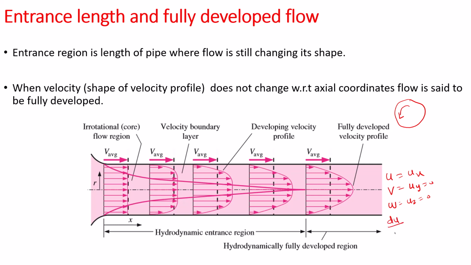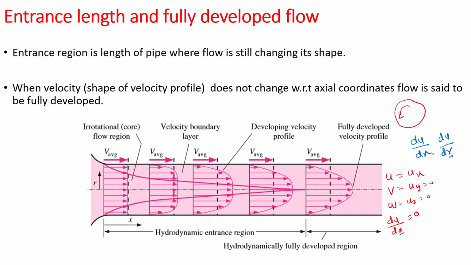So du by d theta is equal to 0. Now only two things remain: either du by dx or du by dr. Here r is the radial coordinate, theta is the angular coordinate, and x is the axial coordinate, which is along the length.